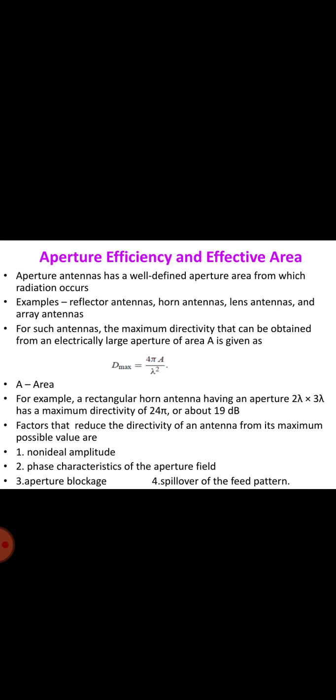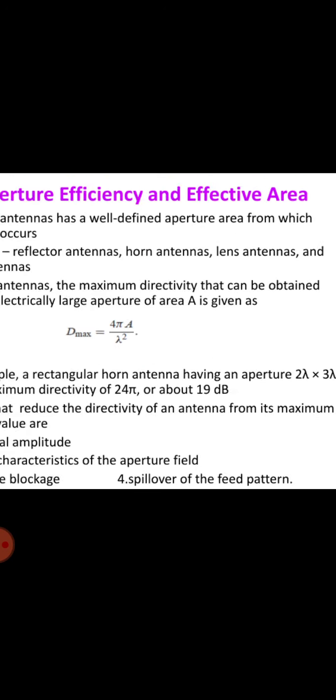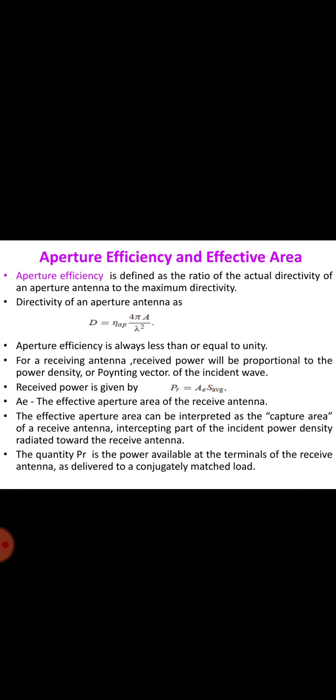For this reason, we can define the aperture efficiency as the ratio of the actual directivity of the aperture antenna to the maximum directivity, and we can write the equation D is equal to eta ap into 4 pi A by lambda squared. And the aperture efficiency is always less than or equal to unity.